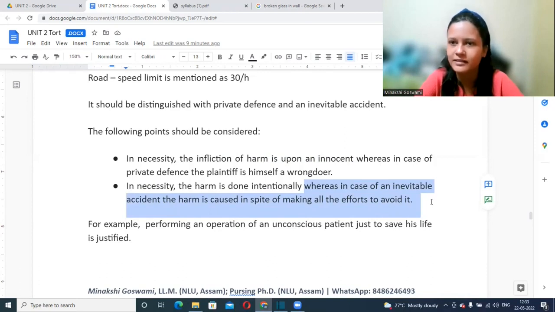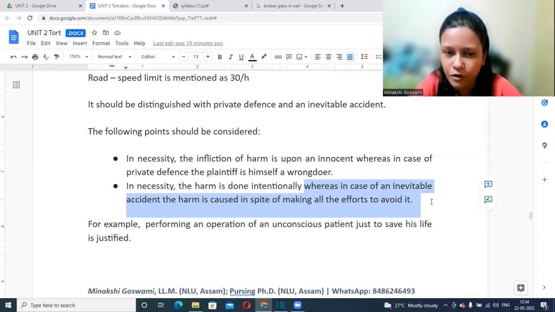So in necessity, I'm intentionally taking the risk of breaking the traffic rule. But in inevitable accident, the situation is just such. I'm not taking any risk. Rather, I'm taking all the possible precautions. Even after that, it has happened.